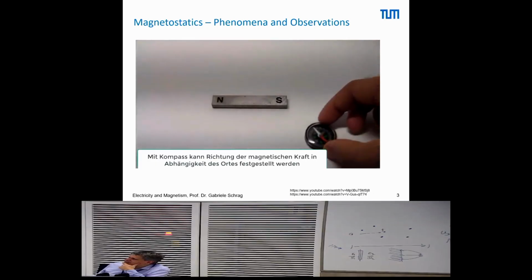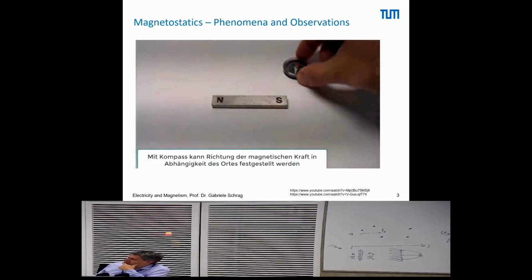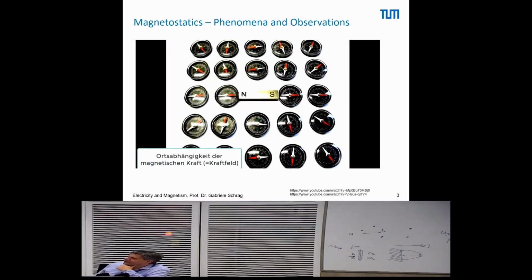But you see, if you bring it close to another magnet, then the needle is deviated. So put a multitude of compasses around that magnet, and you see their needles are not following the Earth's magnetic field, but they follow the local, much stronger field of that small magnet, and they orient themselves accordingly.